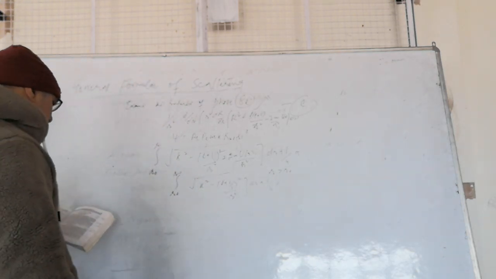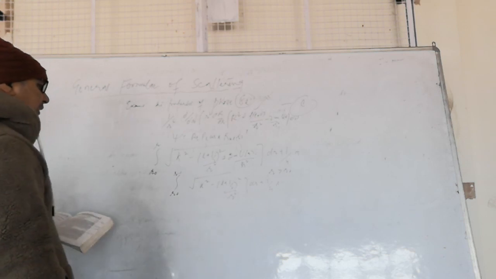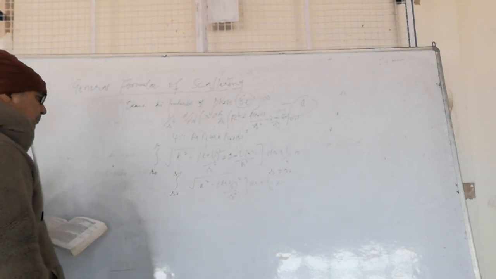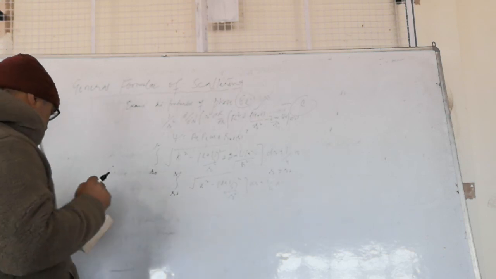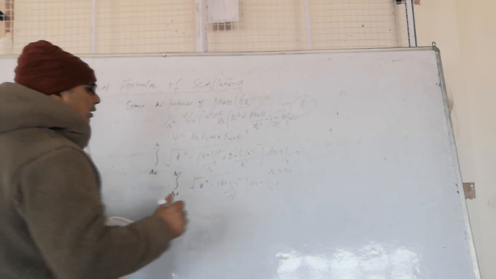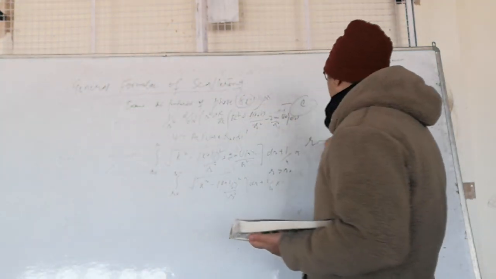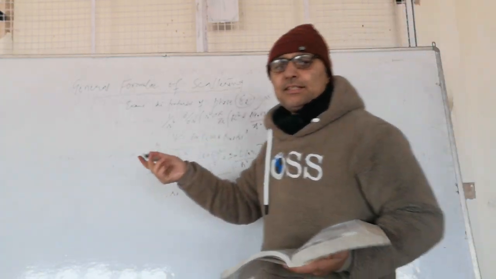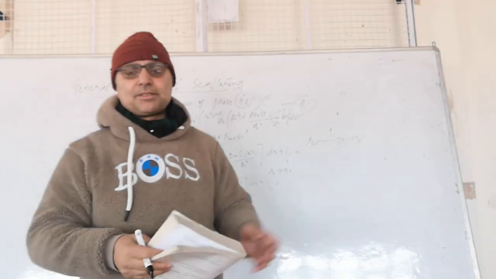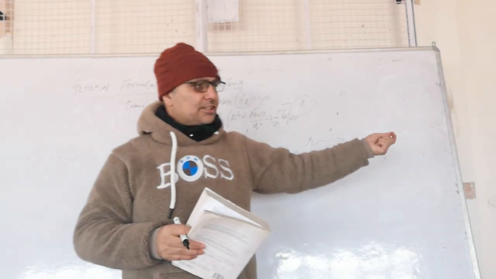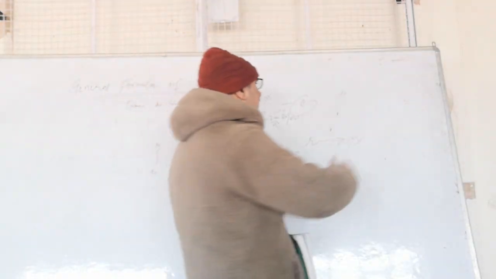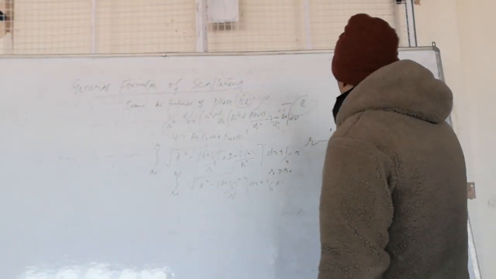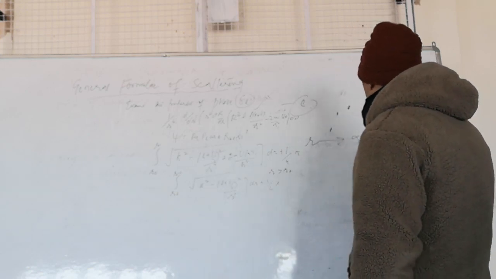Now we can let delta L be such that a particle may be coming from infinity or going to infinity. Just as in Rutherford scattering, the particle comes from infinity and goes back.